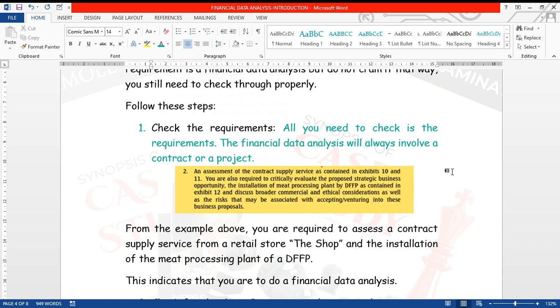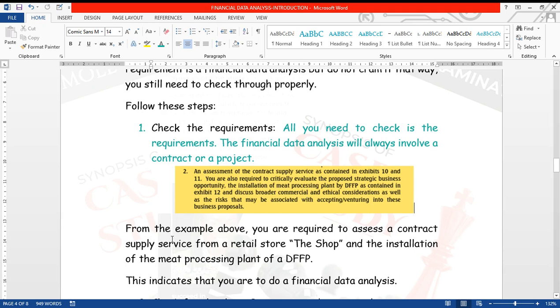But if it's talking about a contract, a project, or a business proposal, then you definitely know it's a financial data analysis. Just like here, we have a contract supply service and a proposed strategic business opportunity, so it is definitely going to be a financial data analysis.